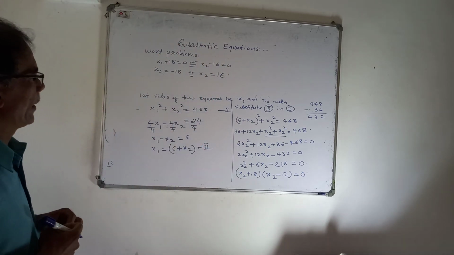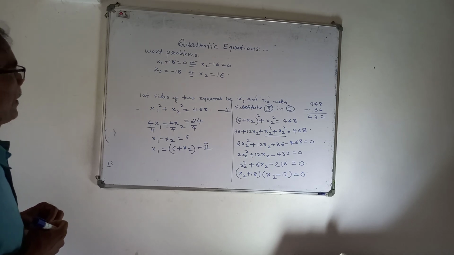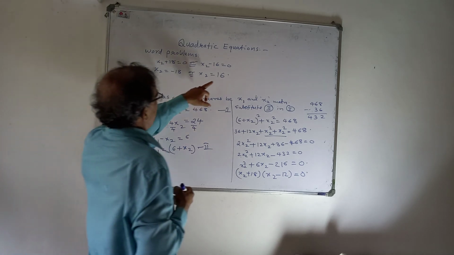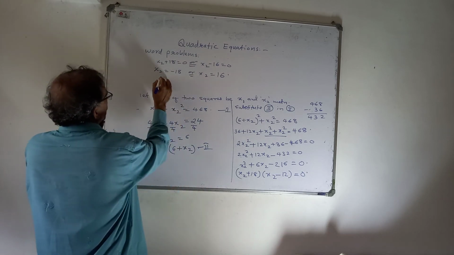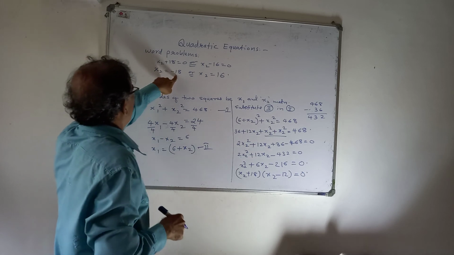So what is that x2? The side of the second square is 12. Now this we have to discard of course.